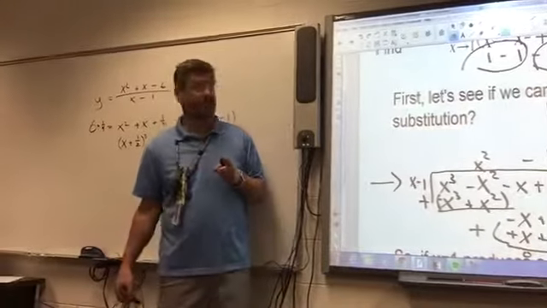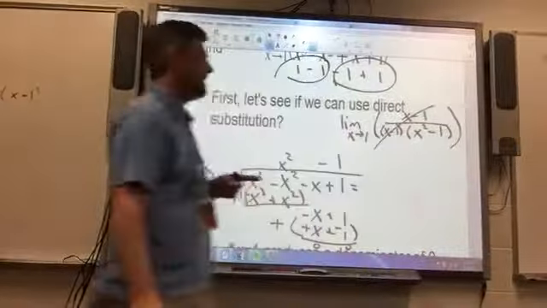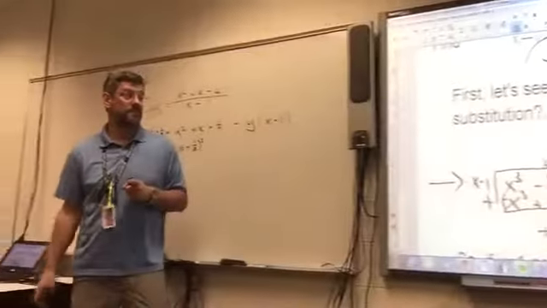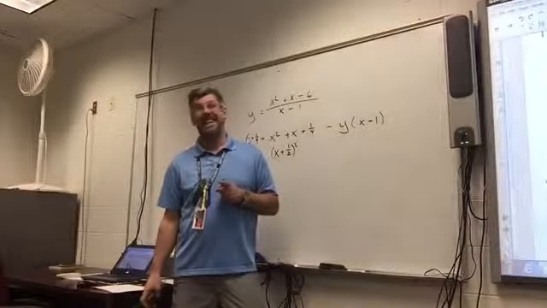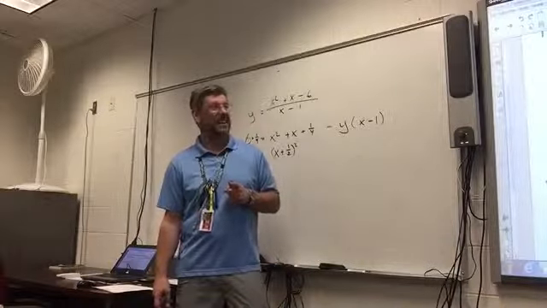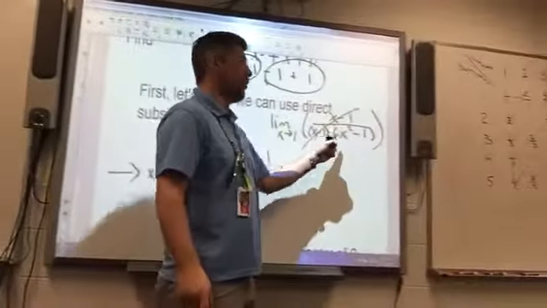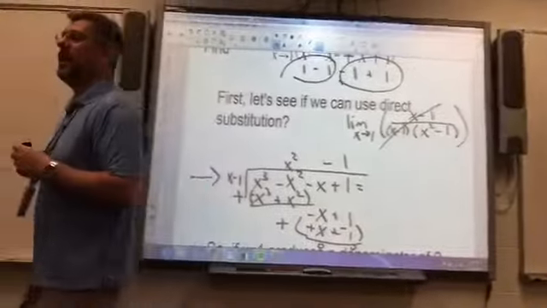I can cancel out, right? Does that help me, though? Not necessarily. Because what do I have? I get 1 over x squared minus 1.